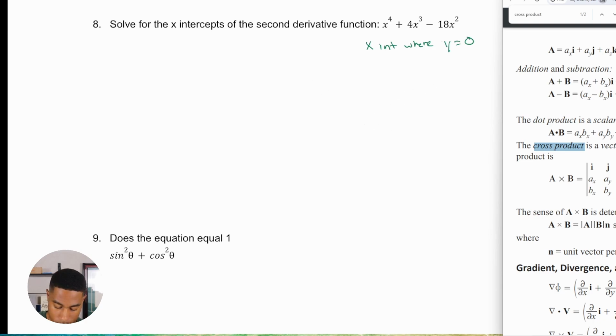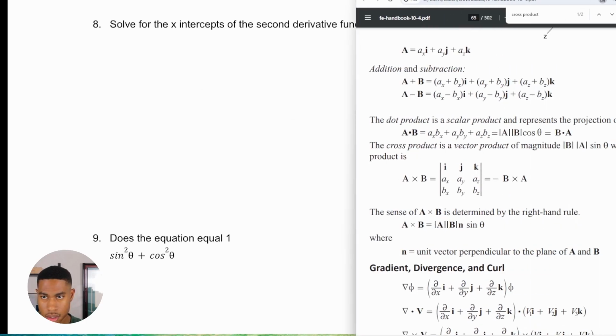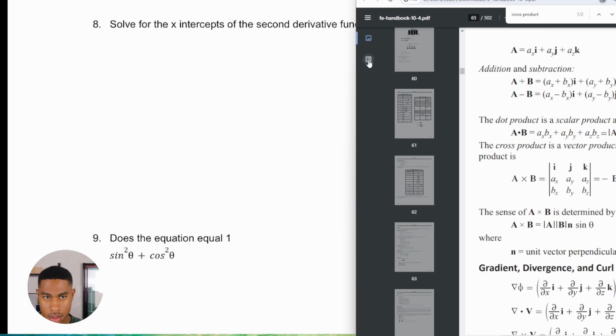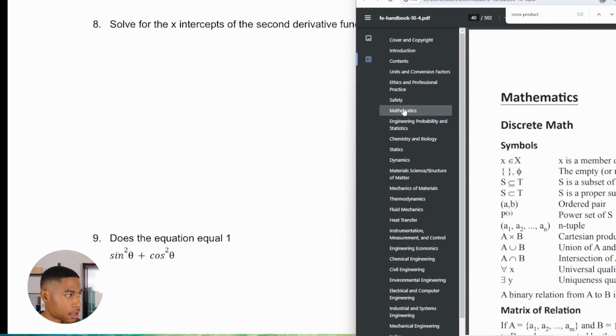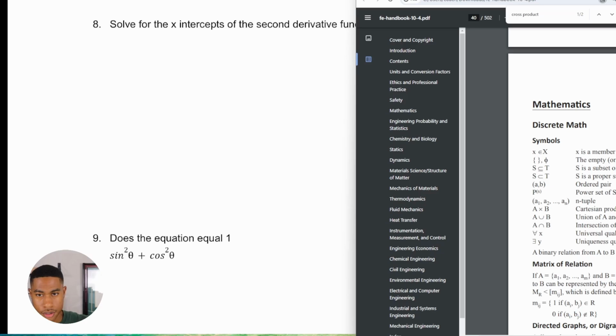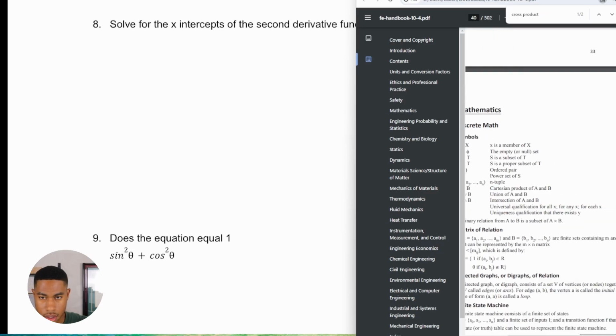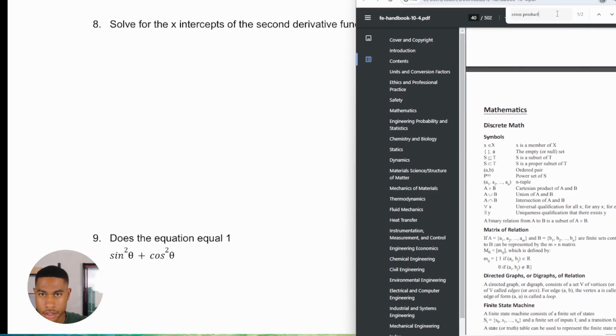All right, so how do we get that? Well, first of all, we have to figure out the second derivative, right? So if you don't know how to do derivatives, you have to make sure you know how to do those. You kind of have to remember how to do them. Maybe you can use the handbook. Mathematics. Zoom out here. And I'm going to search derivative.